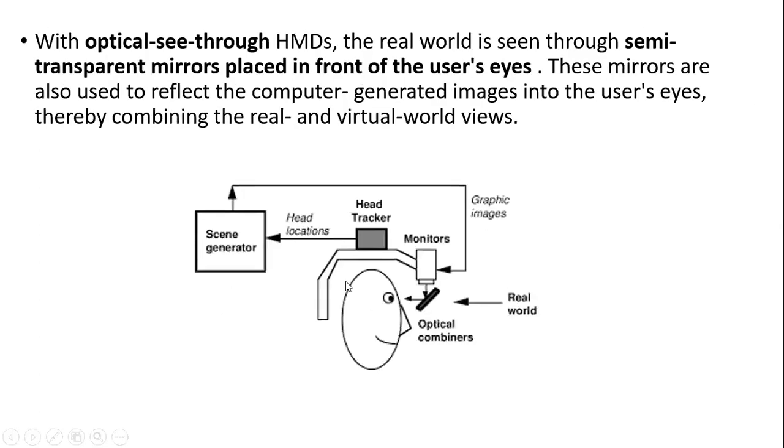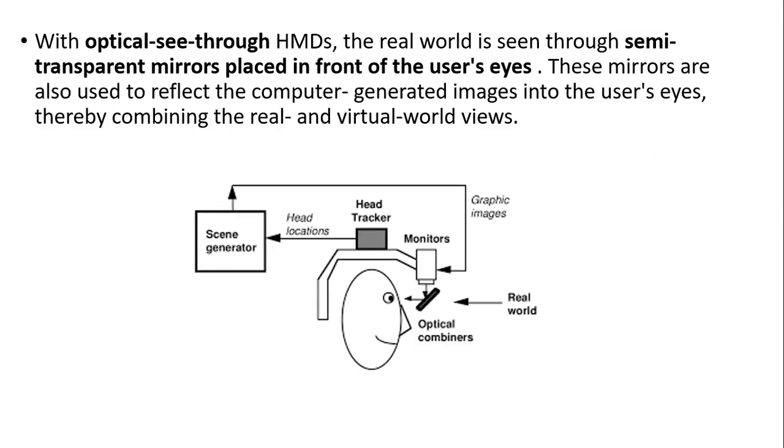Then we go for optical see-through. With optical see-through HMDs, the real world is seen through the semi-transparent mirror which is placed in front of the user's eyes. In case of video see-through, there were miniature cameras through which we were able to capture the real world content. Whereas in case of optical see-through, the real world is seen through the semi-transparent mirror that is placed in front of the user's eyes.